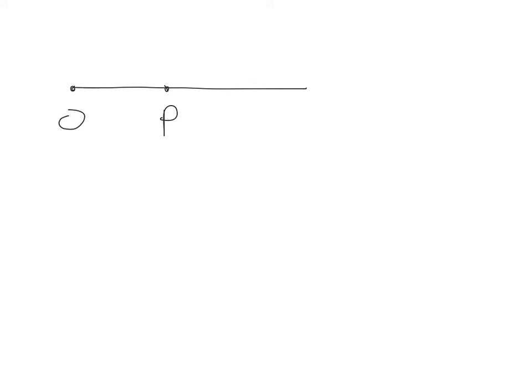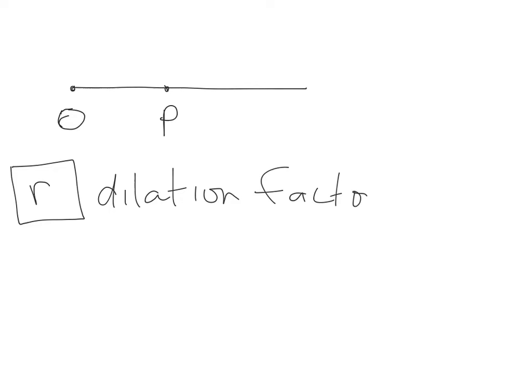Okay, if we talk about a dilation, it would be a dilation over the factor r. This would be a dilation with a factor of r. What we're really doing is taking the length, the distance between 2 points, or the length of a segment, and we're just multiplying that by r.